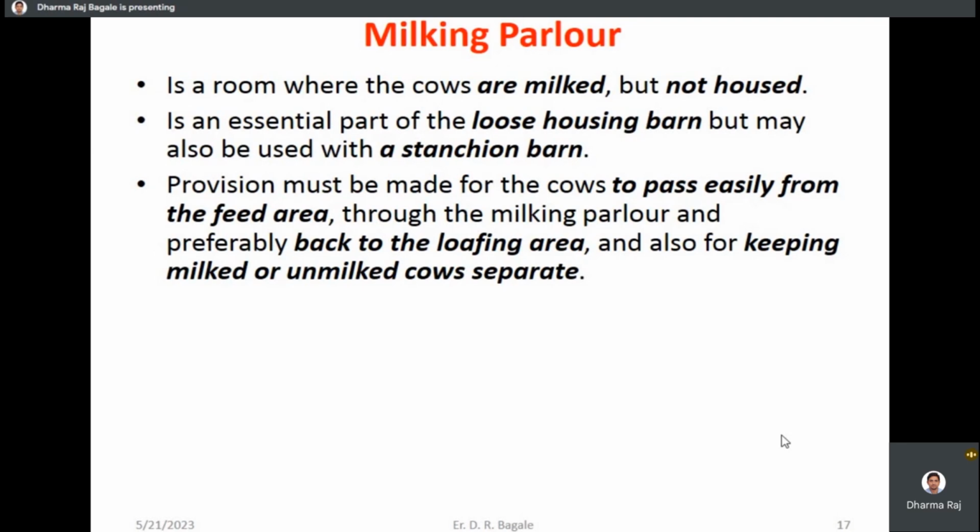We call it the milking parlour, and they are milked there usually in batches using milking machines. After the animals are milked, we will bring them back to the loafing area. So there should also be some fence or partitions, so that we can separate the animals already milked and the animals to be milked, right?